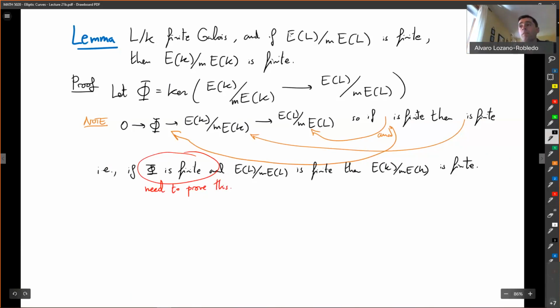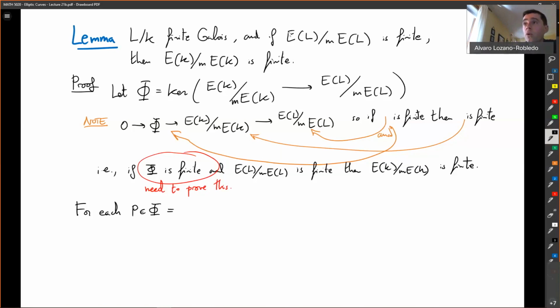So for each P in the kernel, by the way, what is the kernel? The kernel are those elements of E(K) that are not M multiples over K, but when I send them to L, they become an M multiple.